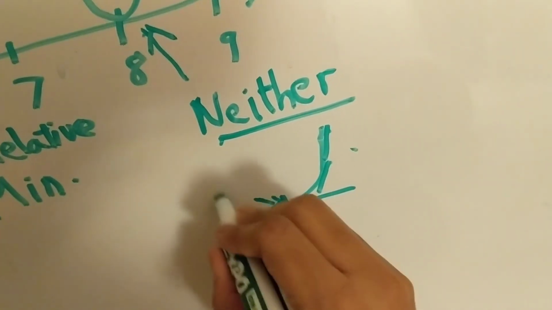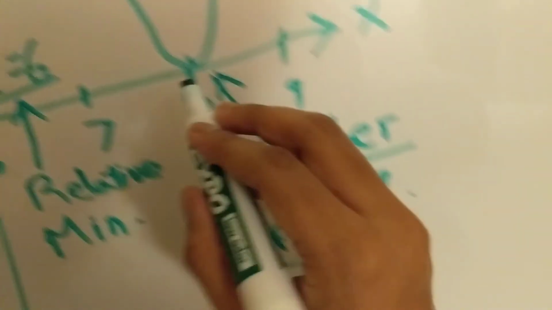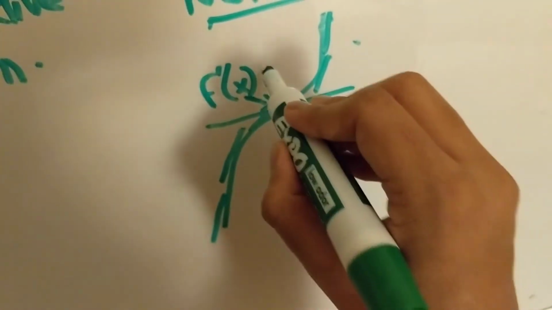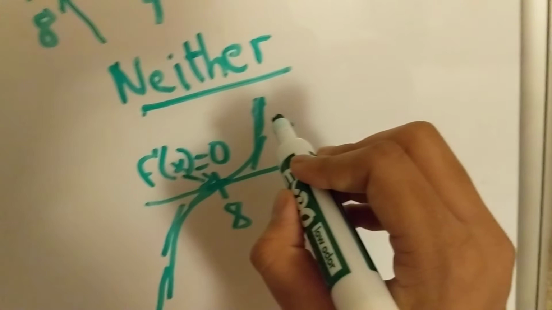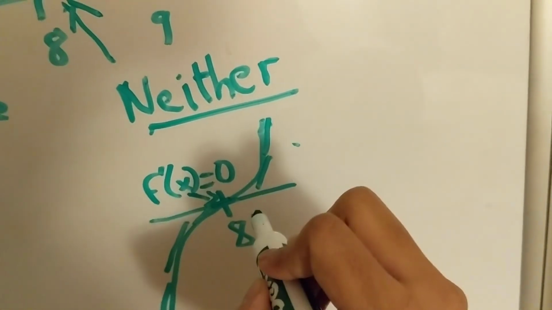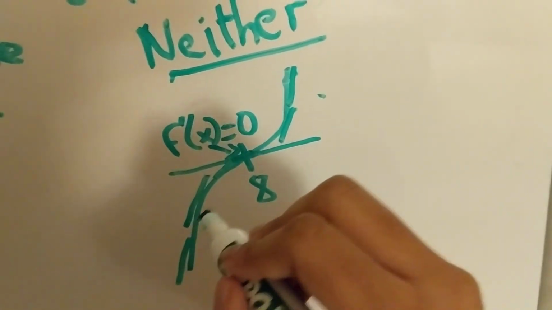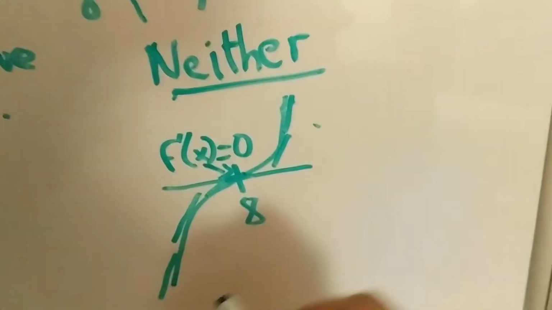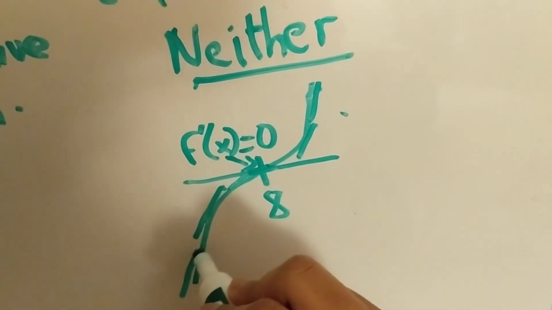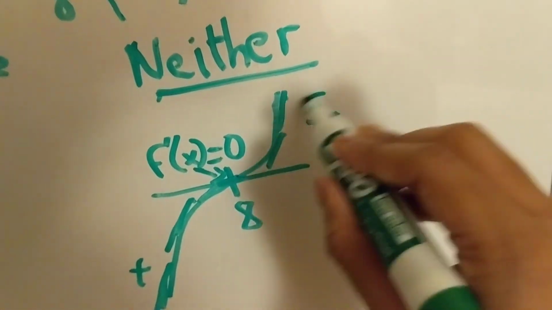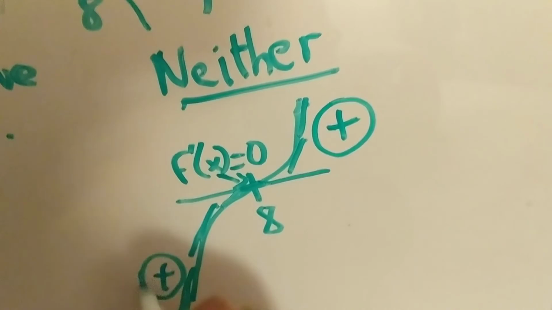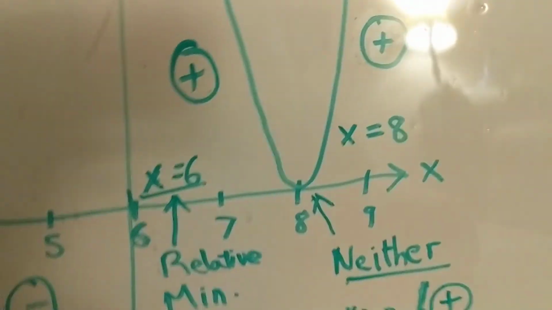So f prime of x will be 0, just like we noticed in the critical point. Or f prime of 8, that would be more accurate. This is f of 8, the region around f of 8. And so you'll notice that here and here the slopes are positive, and the slopes continue to be positive in both areas, just like we noticed on the sign chart.